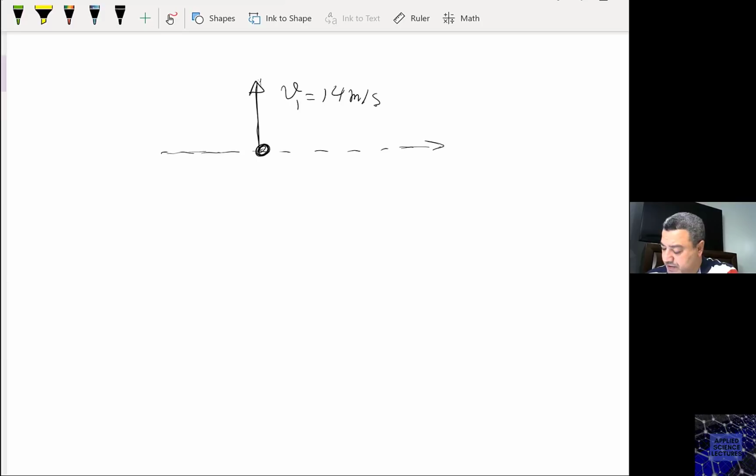So if this is X, this is Y. I have this one going V2 as 24 meter per second with an angle of 22 degrees.